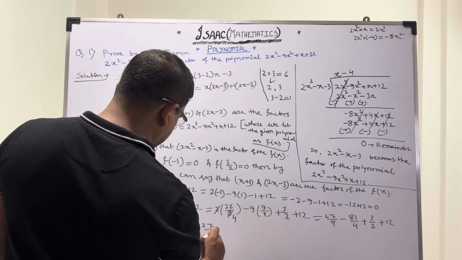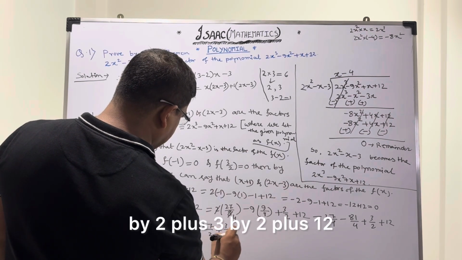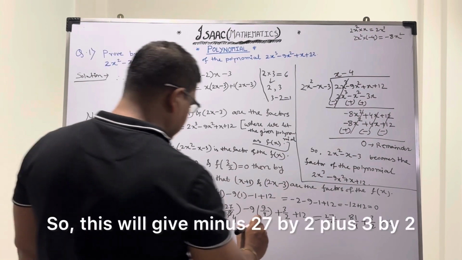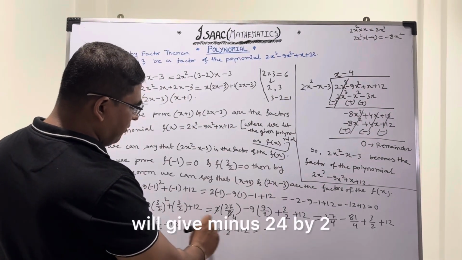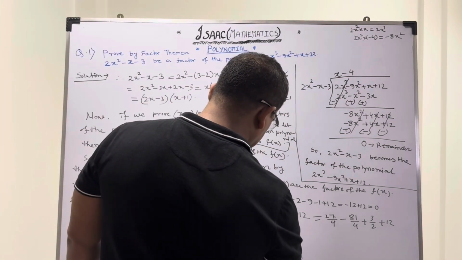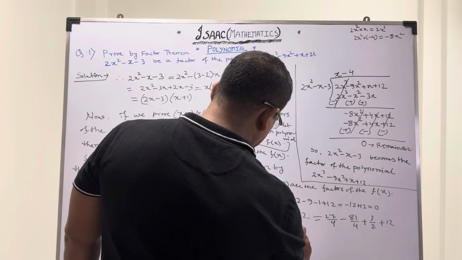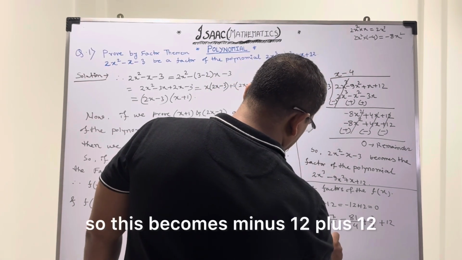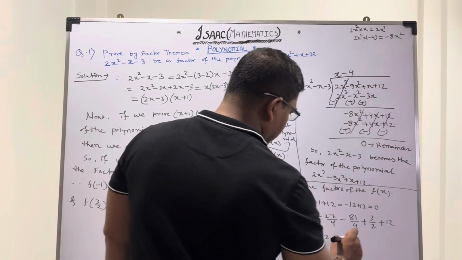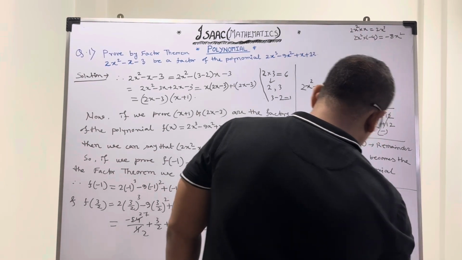Minus 27 by 2 plus 3 by 2 plus 12. So minus 27 by 2 plus 3 by 2 will give minus 24 by 2, plus 12. So this becomes minus 12 plus 12, that is equal to 0.